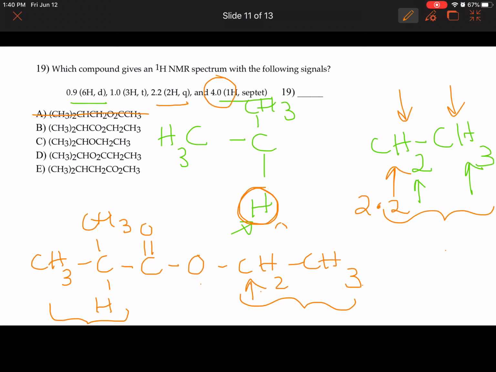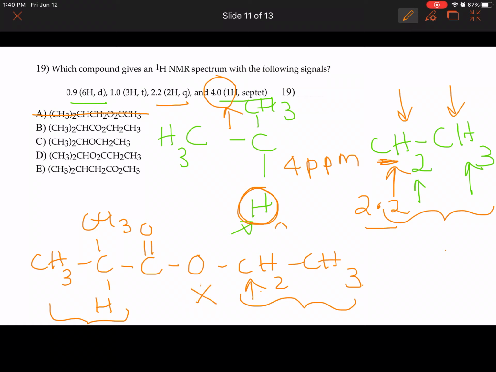And then at 4, the 1 hydrogen septet. So the 1 hydrogen septet over here should be 4 ppm. In the structure that I have just drawn, CH2 is next to the oxygen, so this CH2 should be somewhere around 4 ppm.